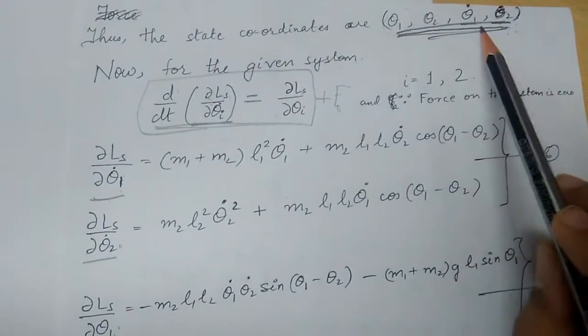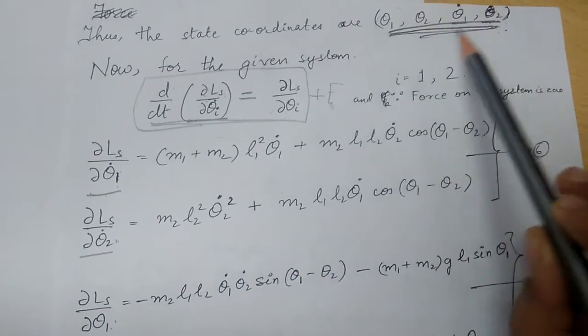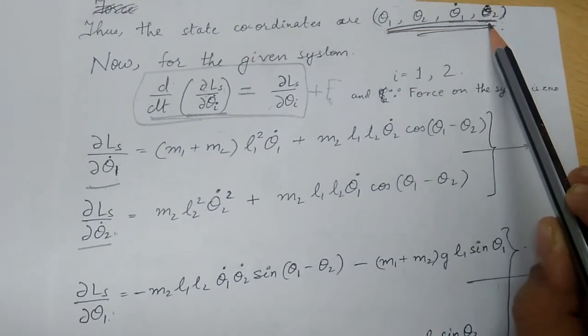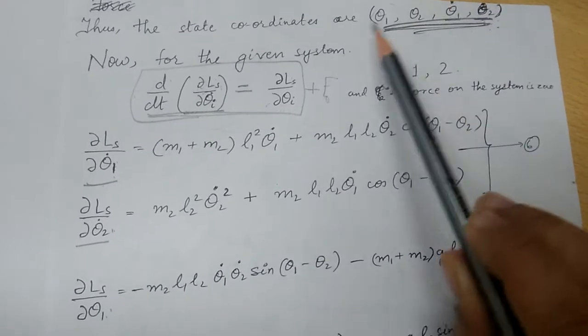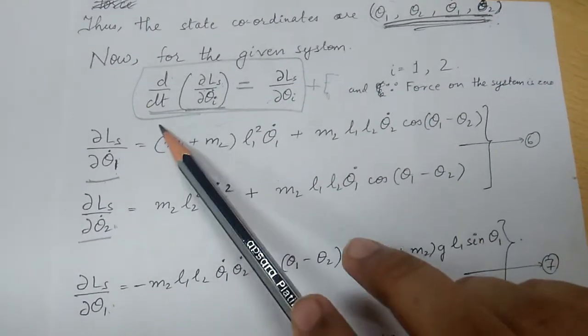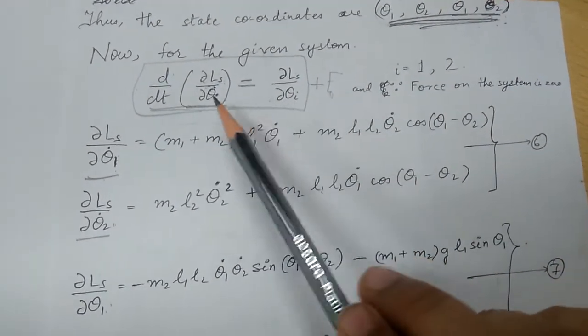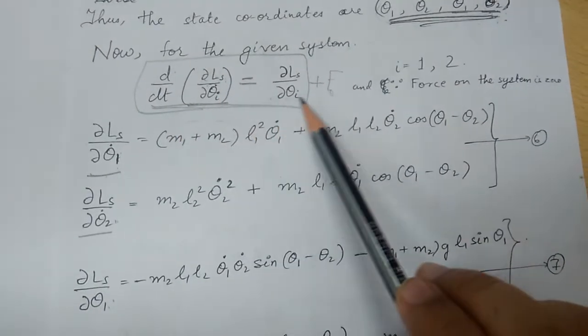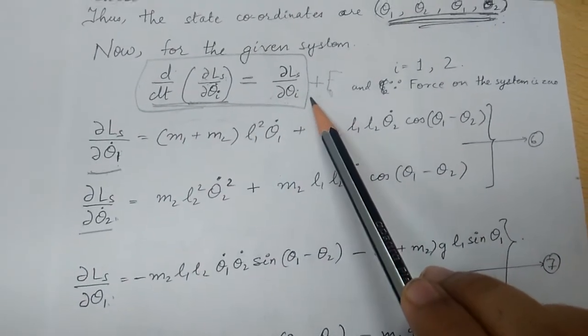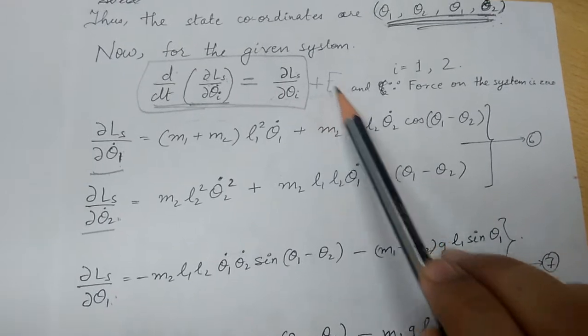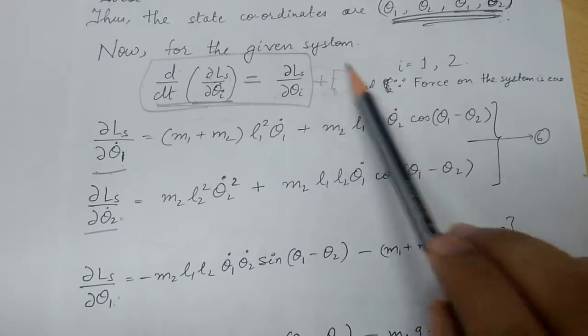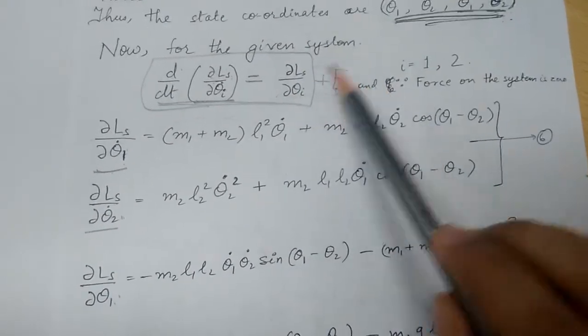They vary with these parameters. So these are what will define your system state. Now, for the given system, this Lagrangian equation is applicable because there is no external force on the system.